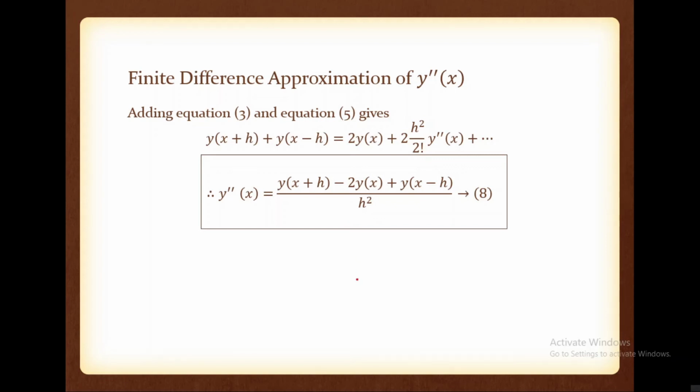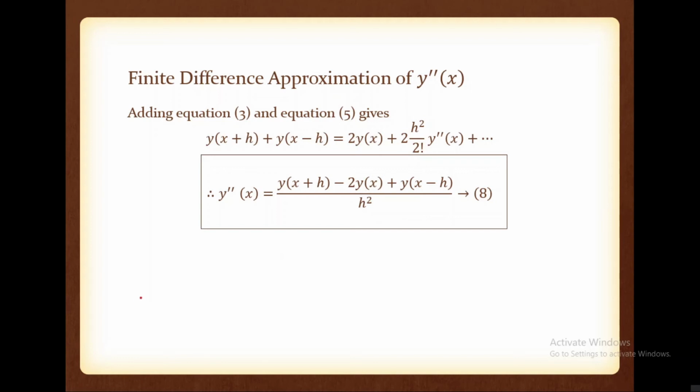Okay. So now we have the central difference approximation of y dash of x and the central difference approximation of y double dash of x. So we can replace equation number 1. What is equation number 1?